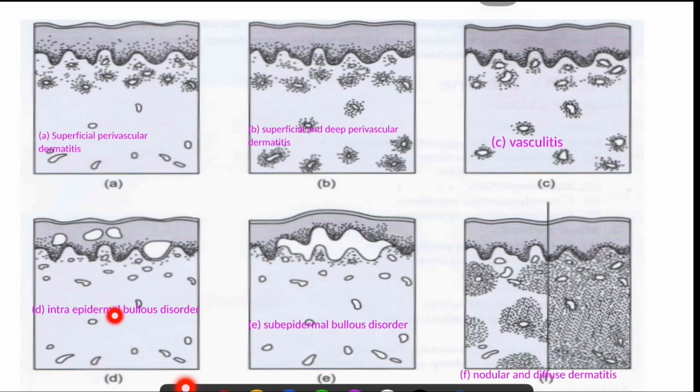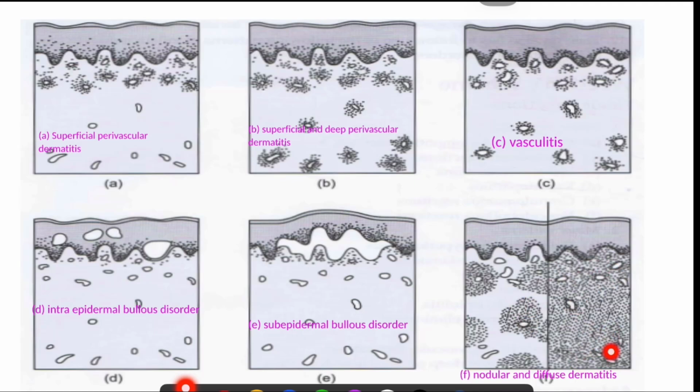Now, intraepidermal bullous disorders means here you can identify a bulla in the epidermis. Subepidermal bulla means at the junction below the epidermis there is a bulla formation. And here nodular and diffuse dermatitis. Nodule is a collection of inflammatory cells.